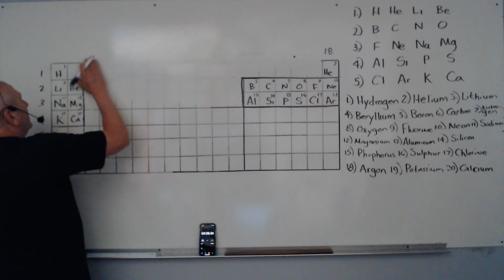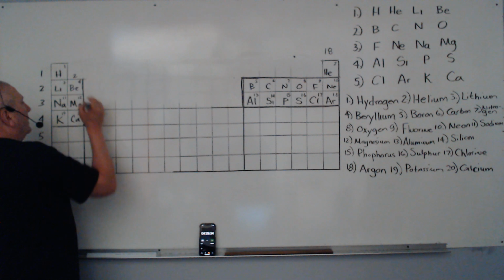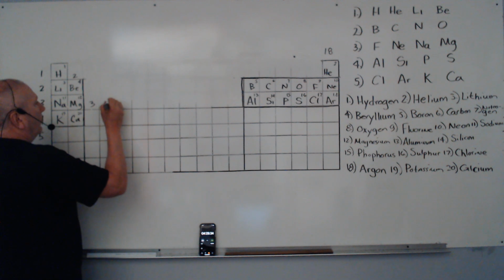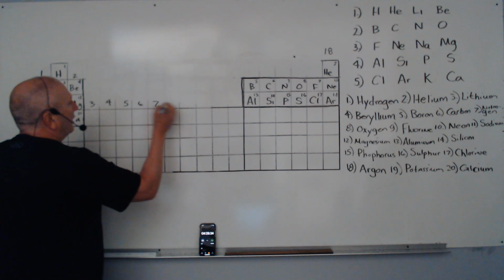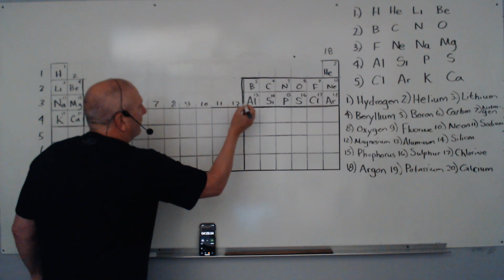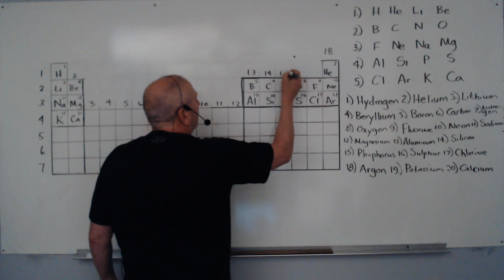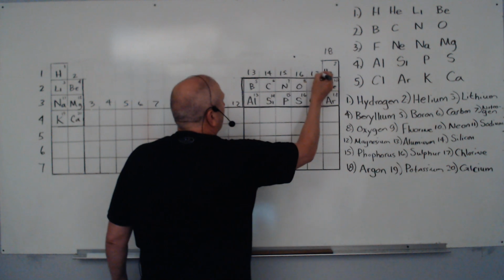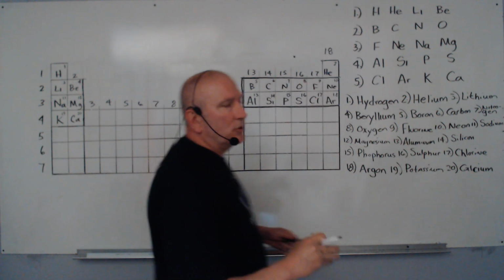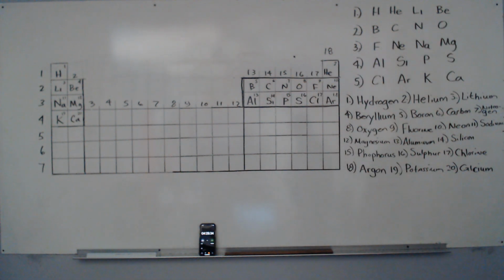So it's really good to have it where we can see it. And then, of course, 3, 4, 5, 6, 7, 8, 9, 10, 11, 12. And then, like I said, 13, 14, 15, 16, 17. So that's it. The first 20 elements in 5 words in 5 minutes.